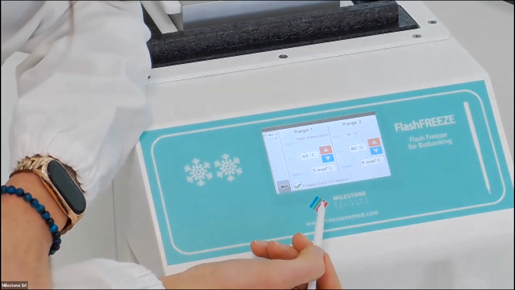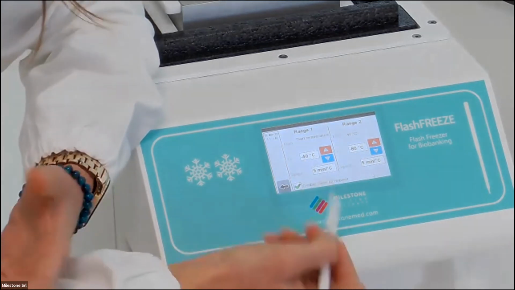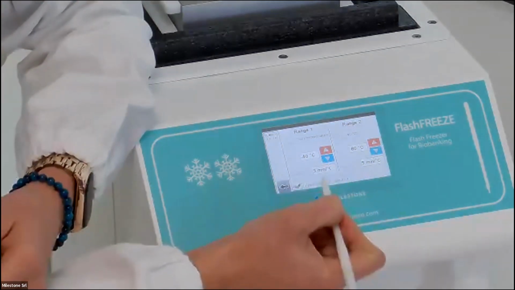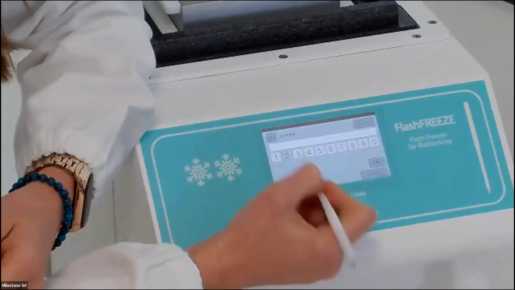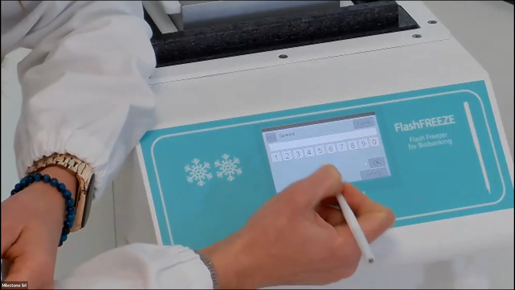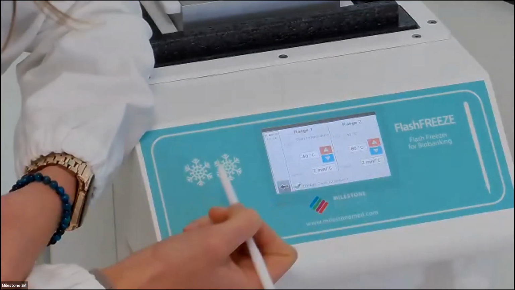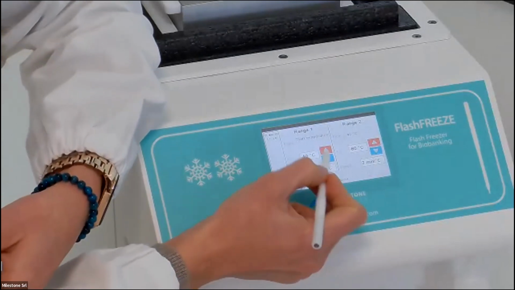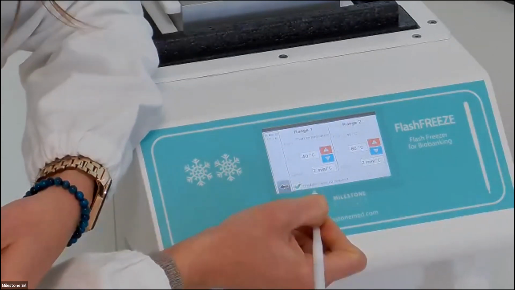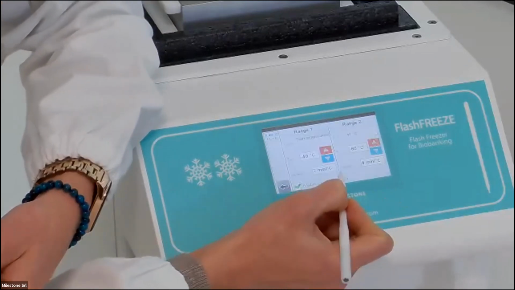If in another lab they want to freeze a cell line that is maybe stronger, you can set up a freeze that is a little bit faster. For example, 2 minutes every degree for the entire curve, or set up a faster speed in the first range and a slower speed in the second range.